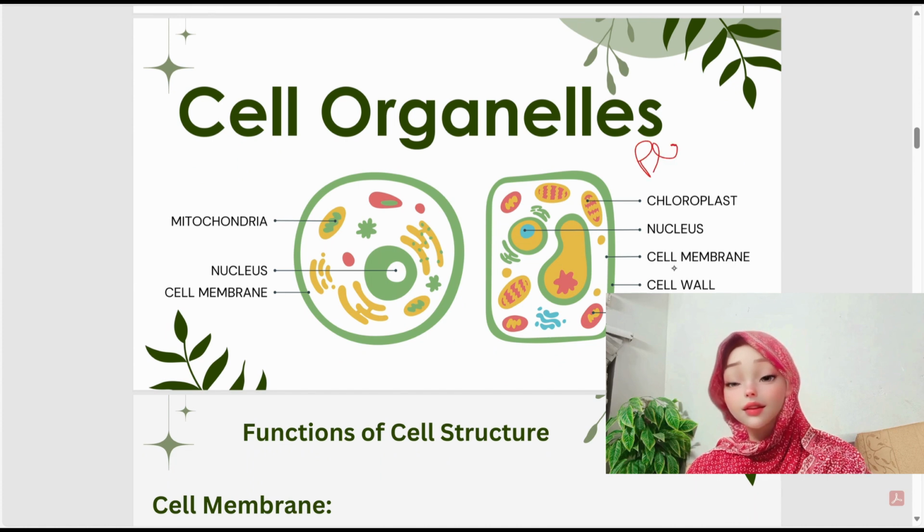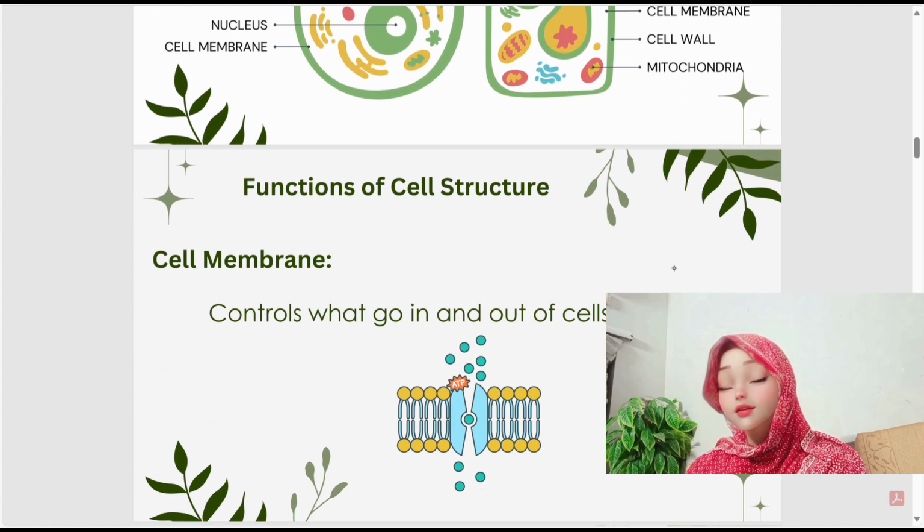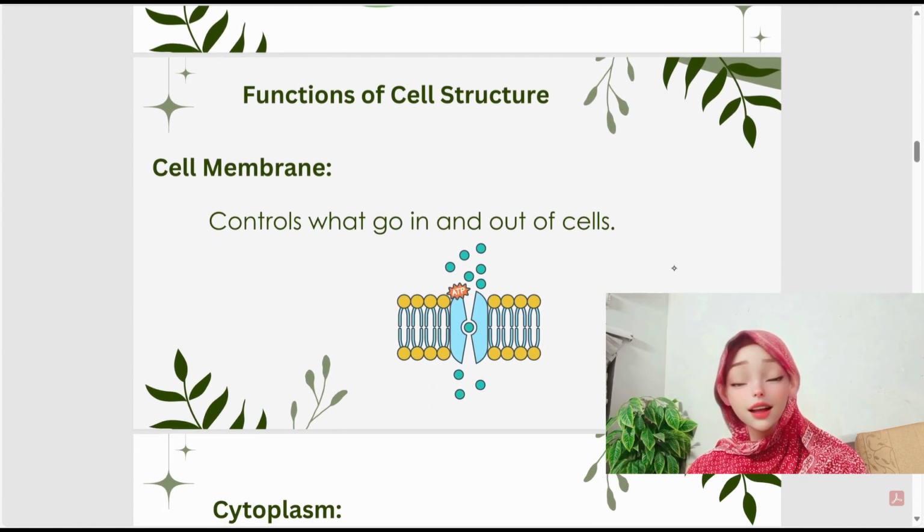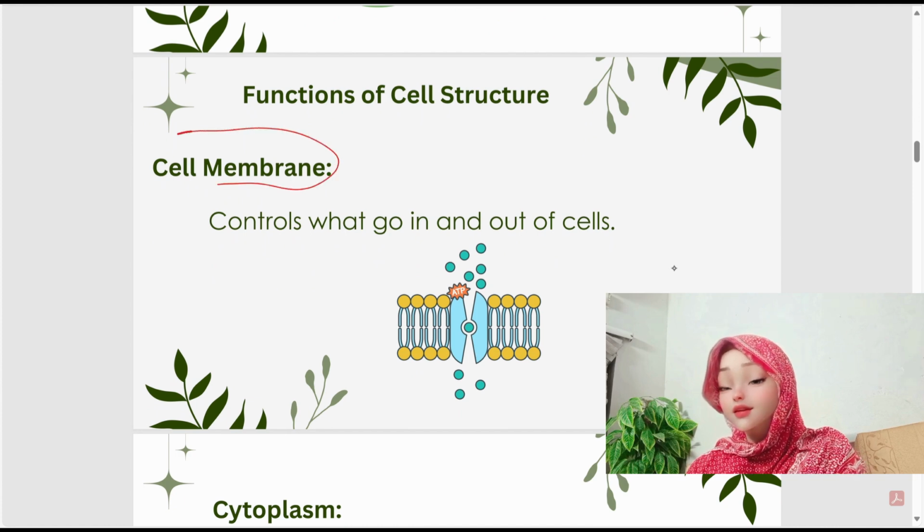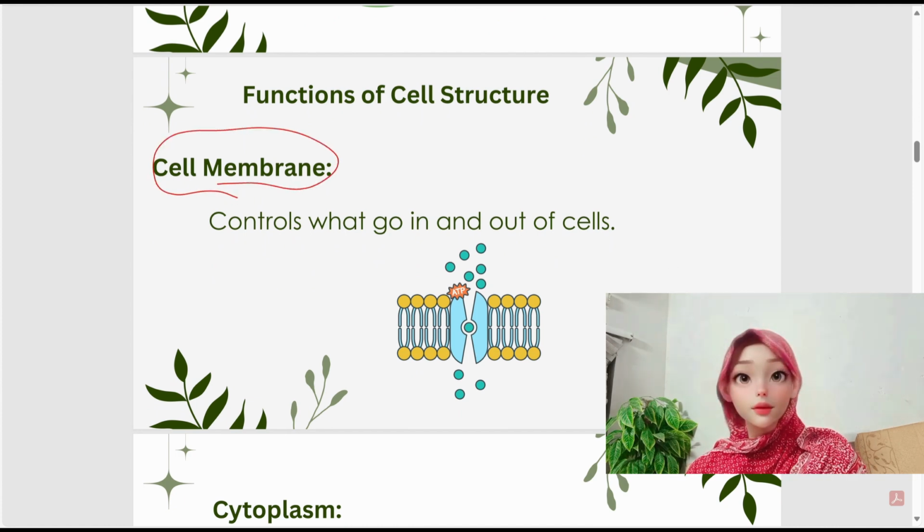Here are the cell organelles of plants, and these are the cell organelles of animals. Now let's move on to the cell structures. Firstly, here is the cell membrane.